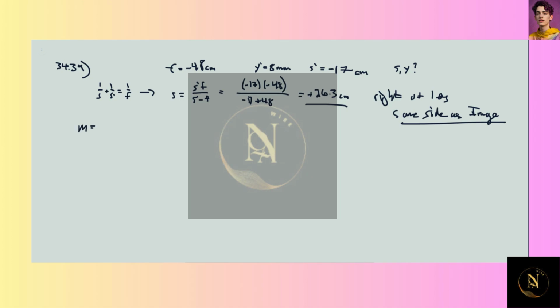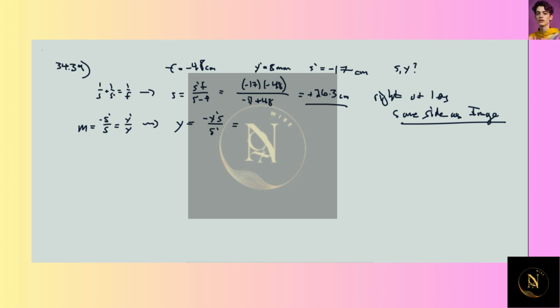So to do that, we know that the magnification is negative S prime over S, or Y prime over Y. We rearrange this, we can solve for Y. That means Y is now negative Y prime S over S prime.